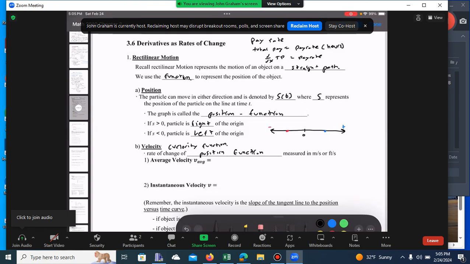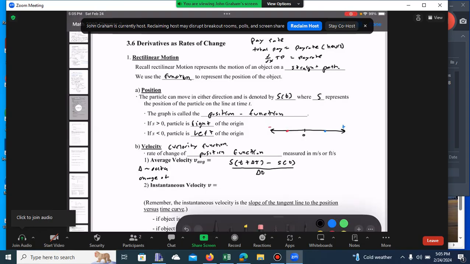We can look at the average velocity, which is just going to be your position at time t plus some change in t, delta t, minus your original position at time t, over the change in time. That'll be your average velocity.